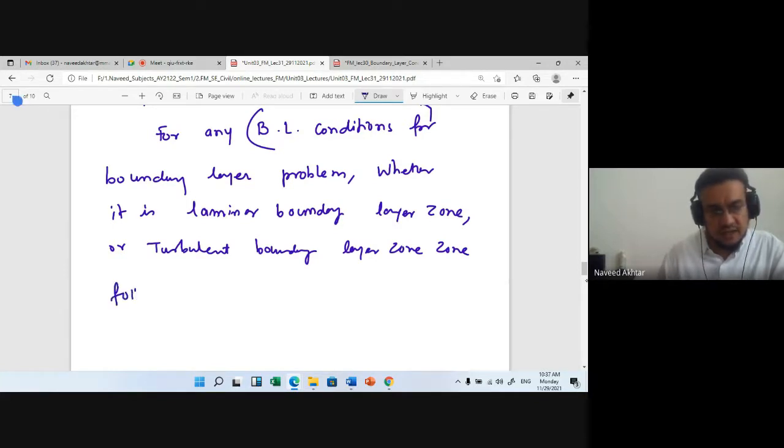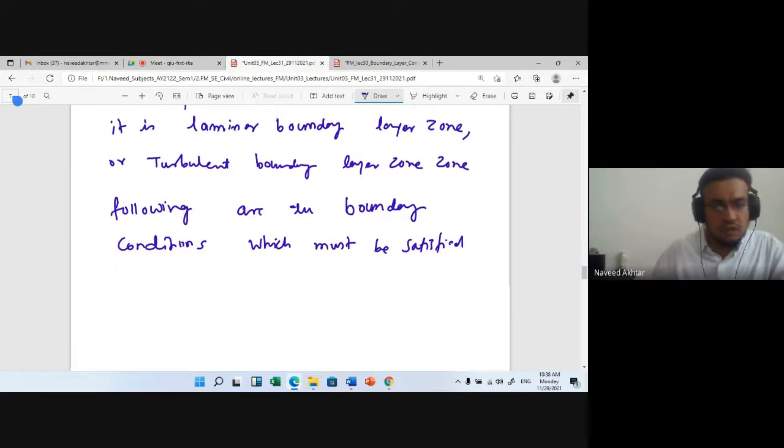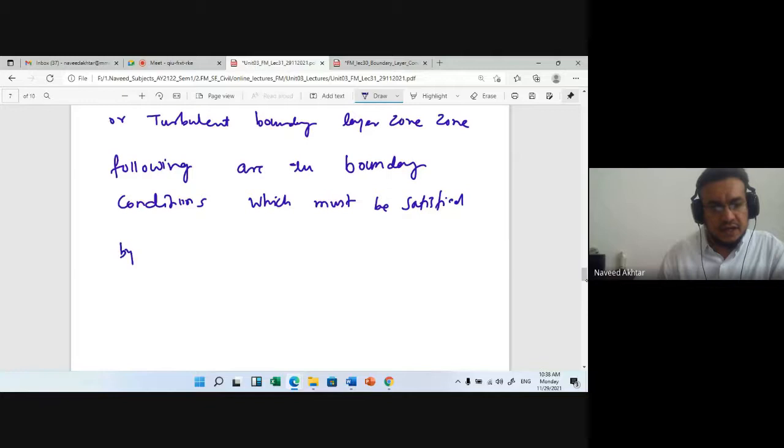Then the following boundary conditions must be satisfied by any velocity profile.